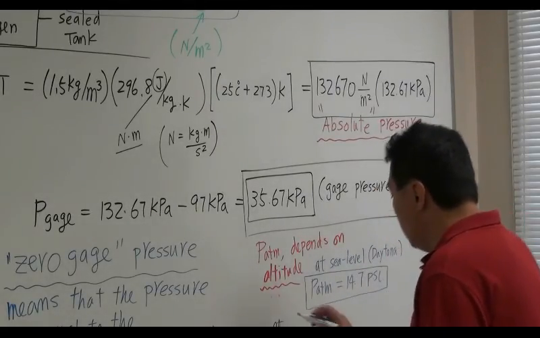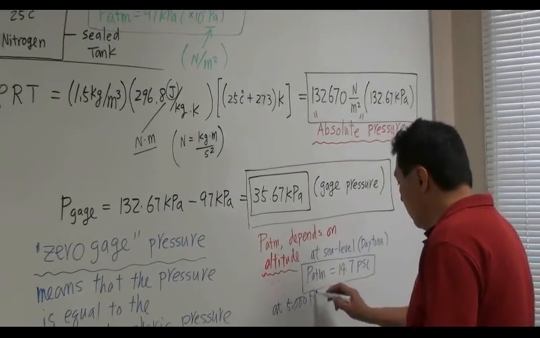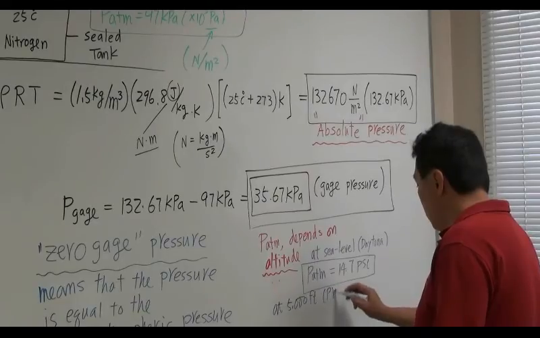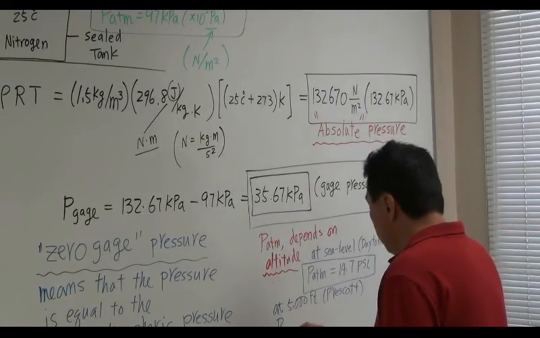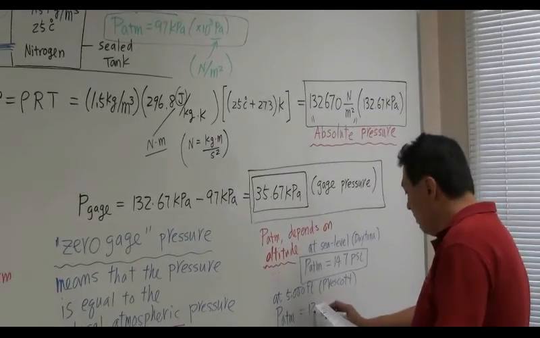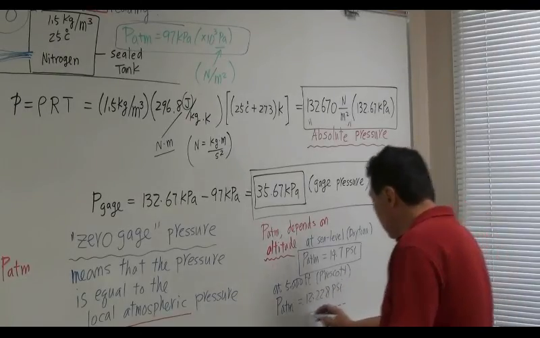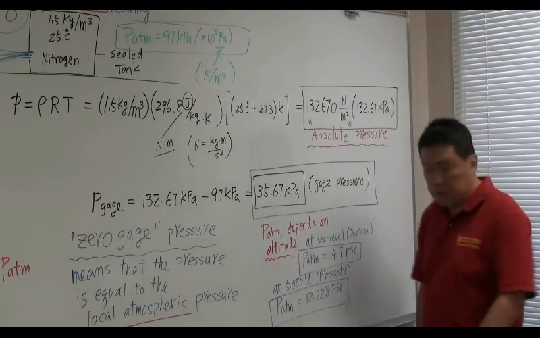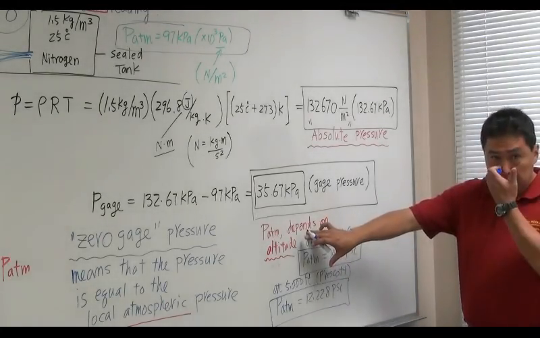Now Prescott is not sea level. Prescott is 5,000 feet. If so, P-ATM is typically 12.228 psi. Depends on the day, but this is a very standard typical value. So P-ATM depends on location, especially altitude.